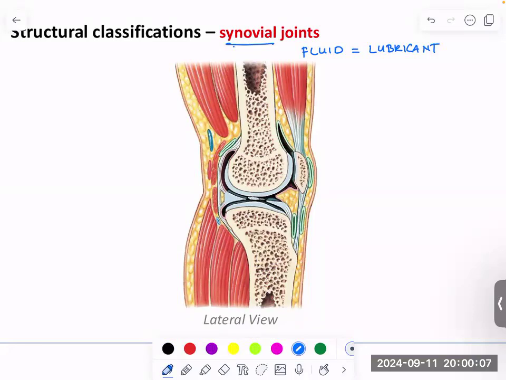That is all filled with synovial fluids inside there. So there's a little thin membrane that holds the synovial fluids inside. So that is a synovial sac, a synovial sac that has synovial fluid held inside. That is the lubricant for this knee.